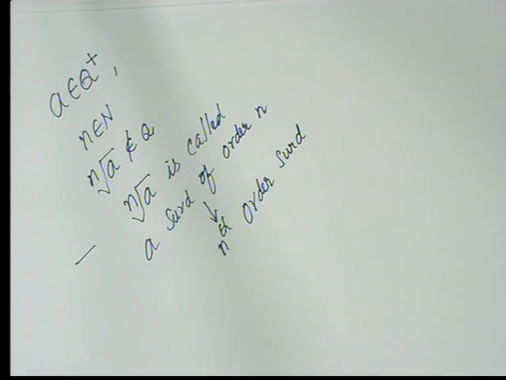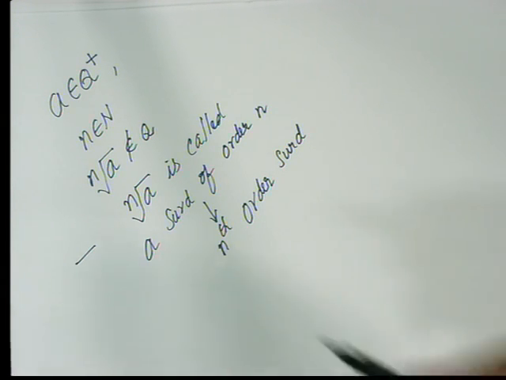Okay. Let me revise once again. A is a positive rational number, n is a natural number, nth root A is not a rational number, then nth root A is called a SURD of order n, or an nth order SURD.